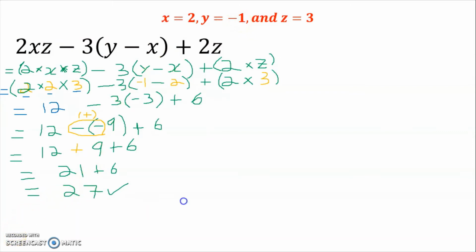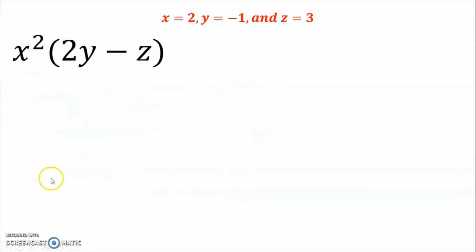So let us look at the final question. The final question is x squared, open bracket 2y minus z. So let us go ahead and expand that. x squared is the same as x times x.